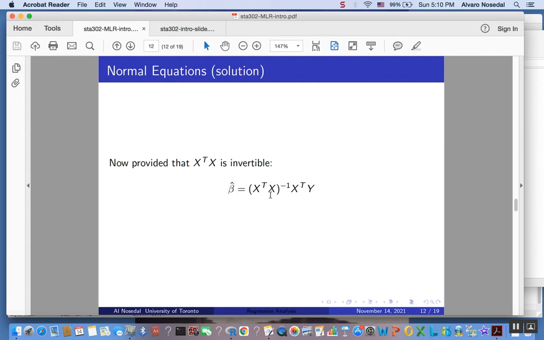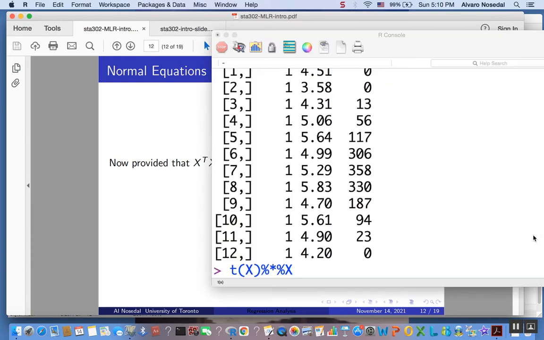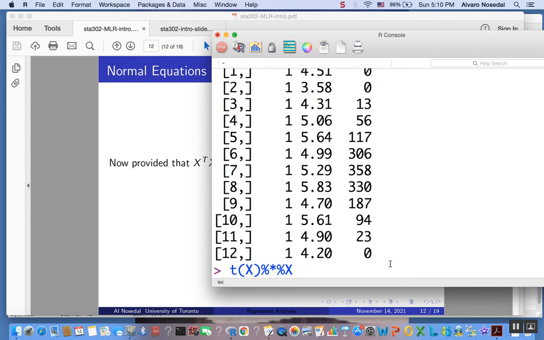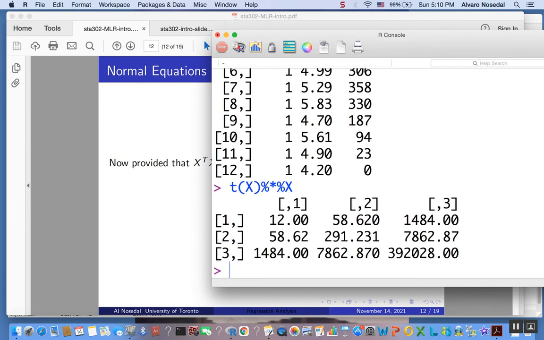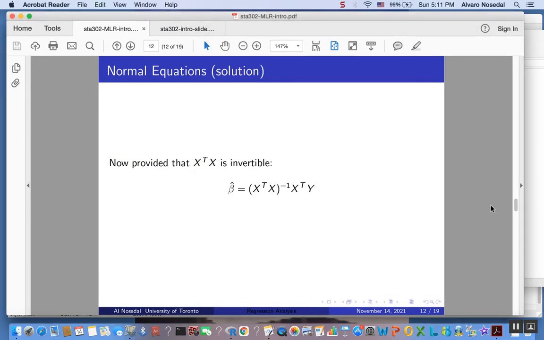I just want to make a comparison between what we had before and what we're having now, okay? It's going to be quick, thanks to R, okay? So see, before, right? I don't know if you remember this, but before, when we did that, we ended up with a 2 by 2 matrix, right? So the difference now is just the dimension of the matrix, right? And then again, we will need to find the inverse of that matrix.